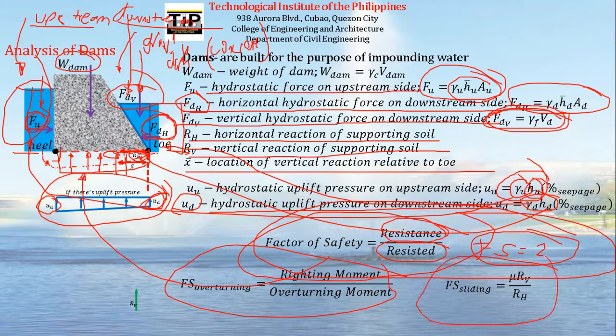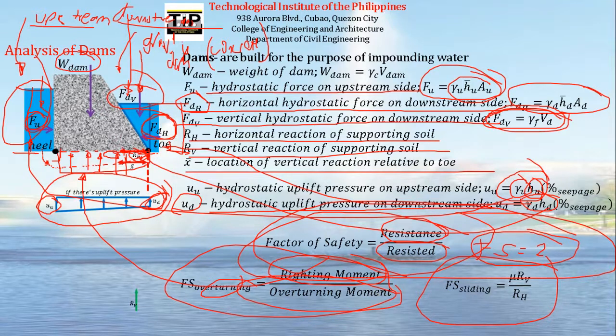Now we have two types of factor of safety. First, factor of safety in terms of overturning. The righting moment should be more than the overturning moment.